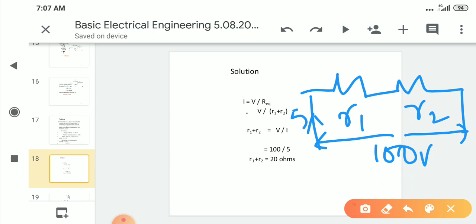So according to Ohm's law, I is equal to V by R. Here R equivalent is R1 plus R2. So here R1 plus R2 is 100 by 5. This is the equation we get. R1 plus R2 is 20 ohms. This is the case of series connection.